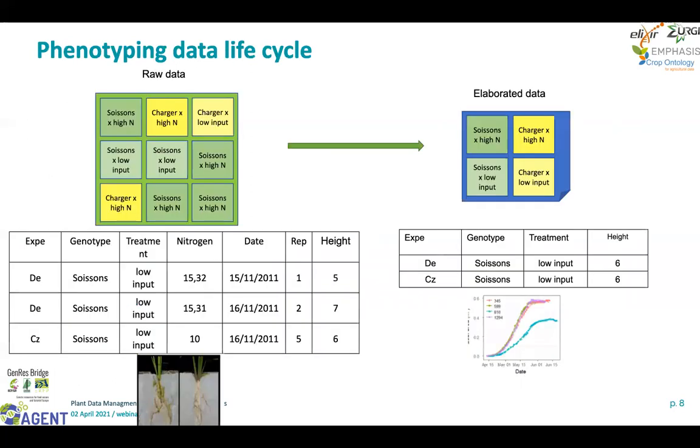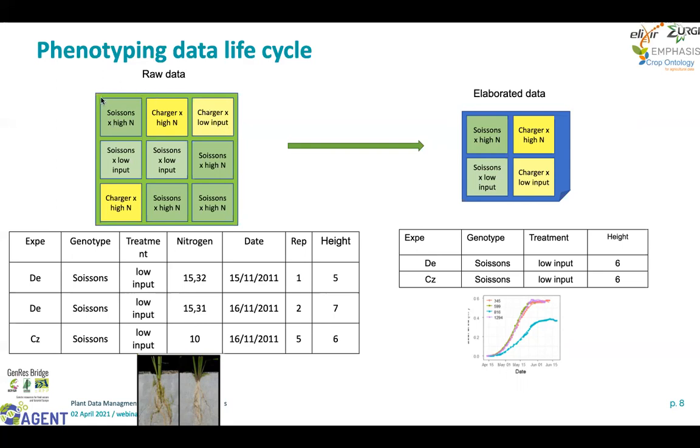Indeed, this life cycle implies going from raw data. For instance, here you've got a field with a series of microplots. And in each microplot, you've got one accession, one genetic material, Soissons, Chargeur, etc., and one treatment, high nitrogen or low nitrogen.